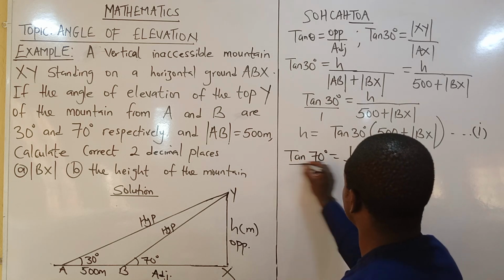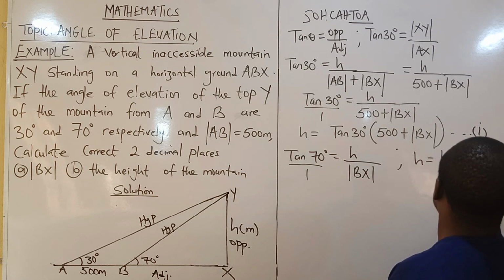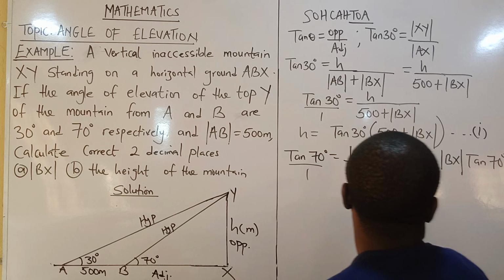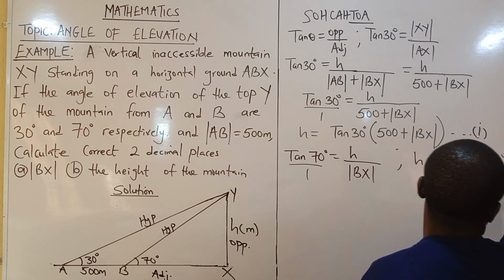We cross multiply this over 1. We are having H equals line BX multiplied by tan 70 degrees. Let's call this equation 2.